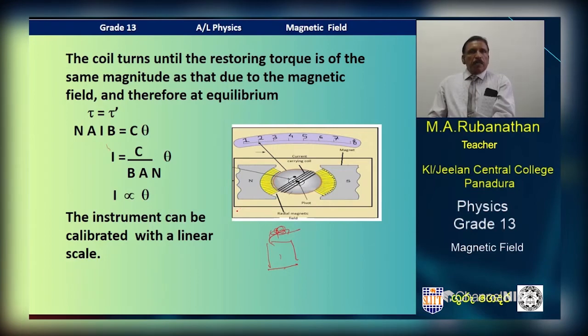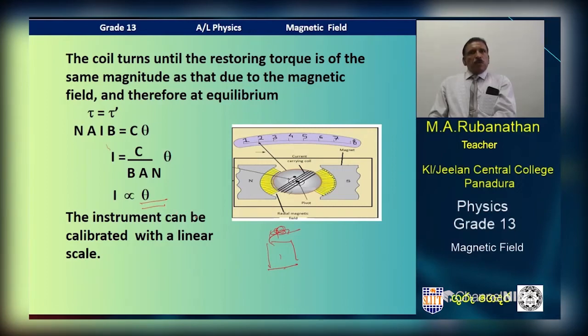C theta is the torque acting on the spring or suspension wire. At the equilibrium position these two torques are equal. Then we can write I is equal to C over BAN into theta. So I is proportional to theta. This is an important result for the moving coil galvanometer.